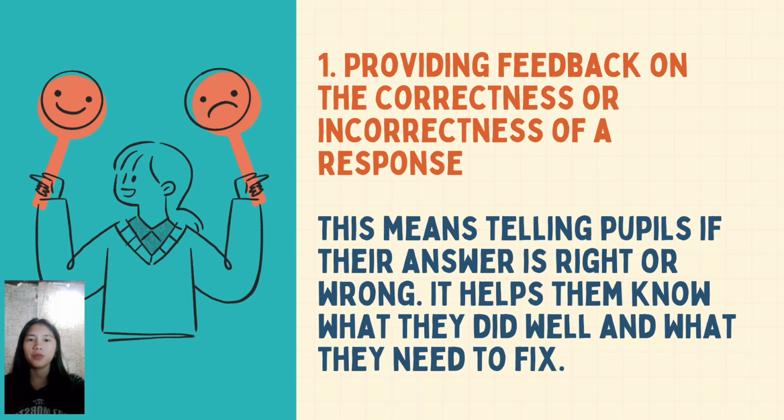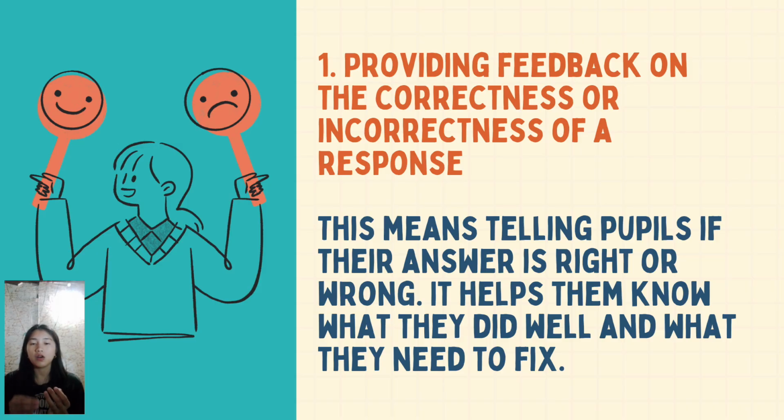Just for example, when the teacher asks the student what is 2 plus 3, and the student answers 5, the teacher will say that's correct and you added the numbers right. And if the student answers 6, that's the time the teacher will say, so class, your answer is wrong, so now let's count.